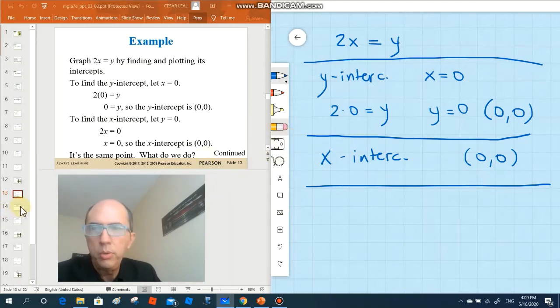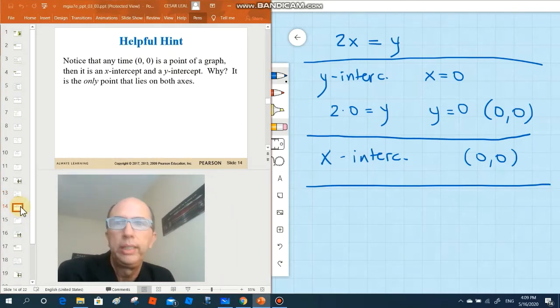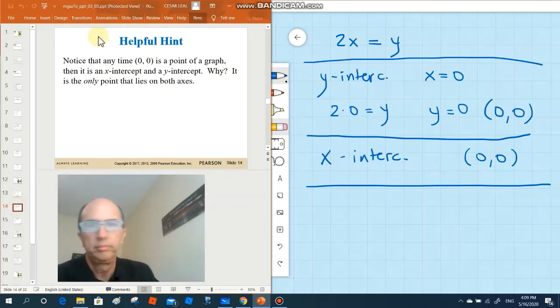Now we have y-intercept and x-intercept that are the same point, so I have to find 2 other different points to be able to graph this function. Hint, notice that anytime the ordered pair 0 and 0 is a point of a graph, then it is an x-intercept and a y-intercept. It is the only point that lies on both axes.